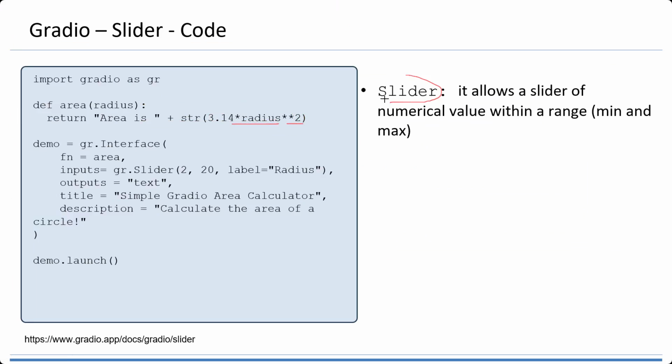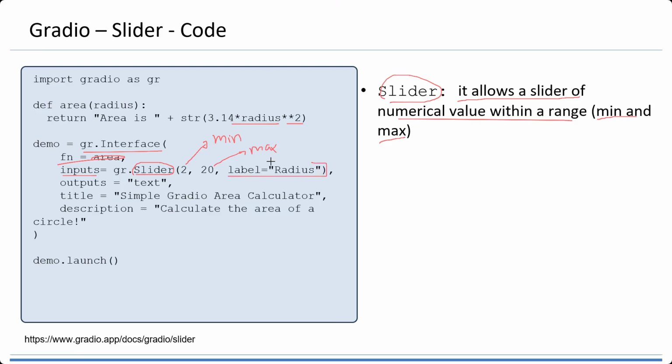So we are going to use the slider. It allows a slider of numerical value within a range. So you can set up the minimum and you can set up the maximum. Now for this one, I'm going to use the interface, and we are going to use a function which is area. And for the input, it is a slider. So the slider will start with 2. This is the minimum. This is the maximum.